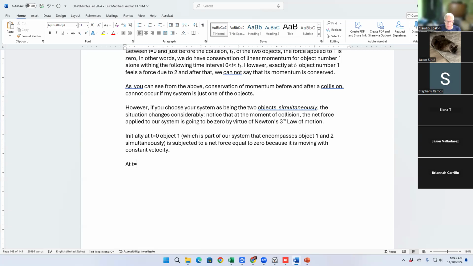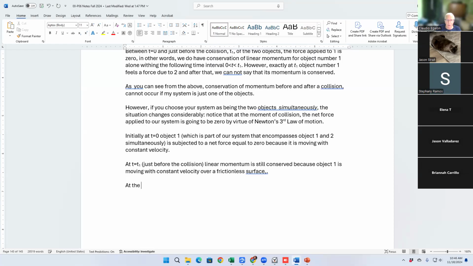at t equal to t1, just before the collision, linear momentum is still conserved because object 1 is moving with constant velocity over a frictionless surface, right?